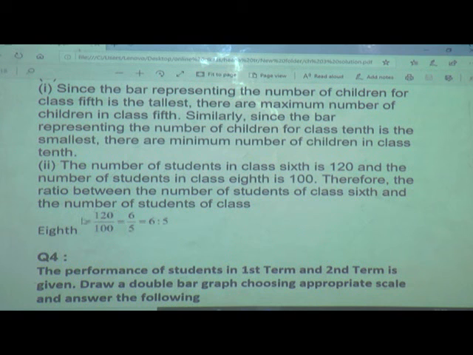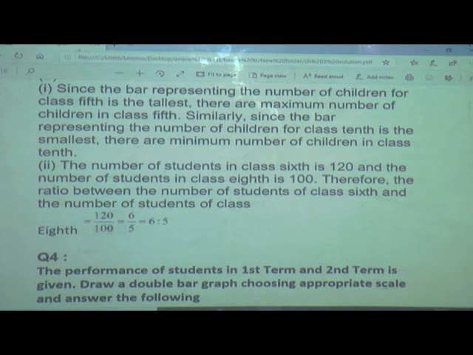Already in the 5th standard we learned what a ratio is, how to represent the ratio in the form of fractions, and we have to reduce it, and we will find one more fraction which is represented in the form of a ratio. So we are going to find the ratio of class 6th and 8th. We have 120 students in class 6th, and in class 8th we have 100 students. What I had reduced here: the 0s get cancelled.